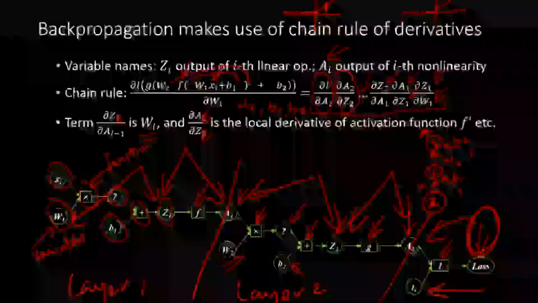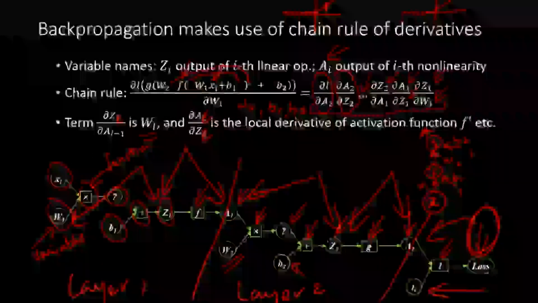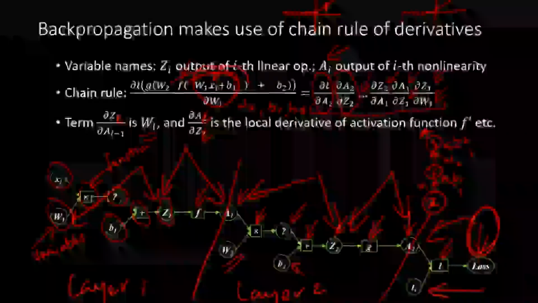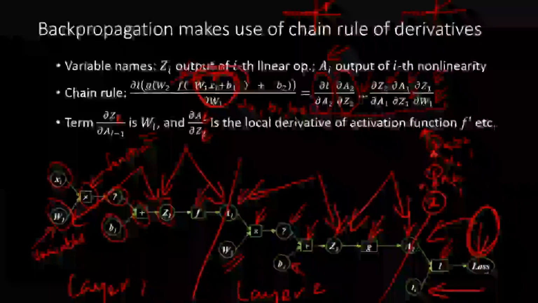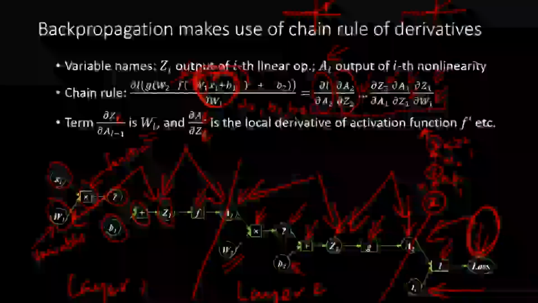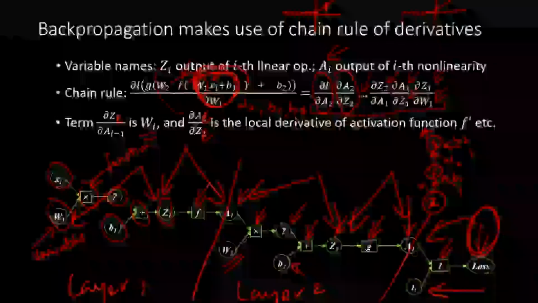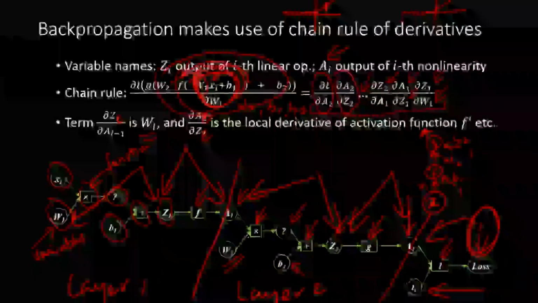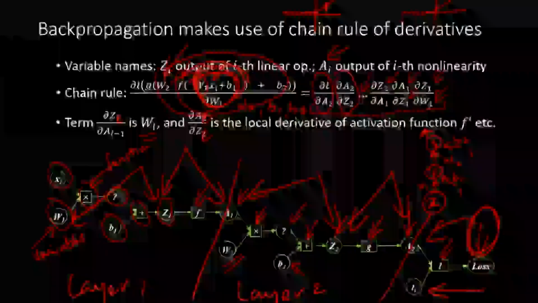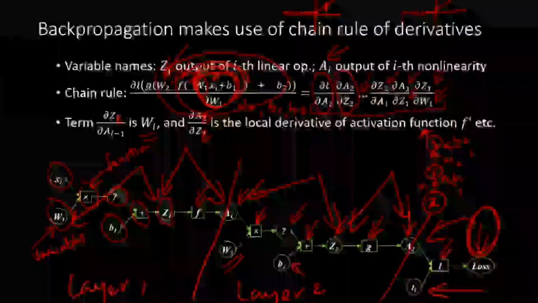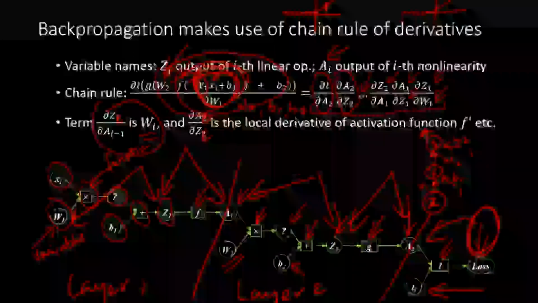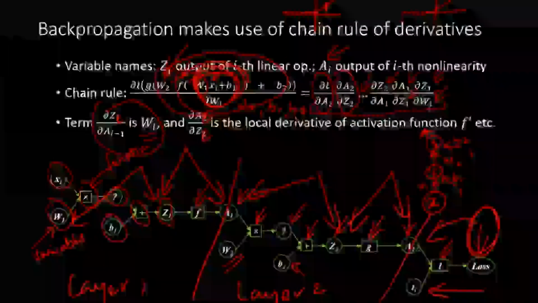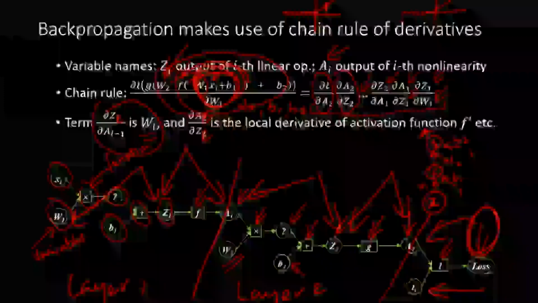So when you look at the derivative of the output of the linear term with respect to X, that is just going to be W1. If we look at the derivative of this entire term with respect to the output of F, we are going to get W2. That is how we say that del of ZL by del of AL minus 1 is going to be WL.